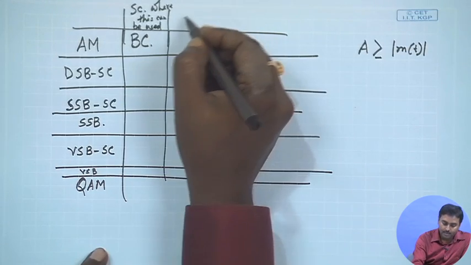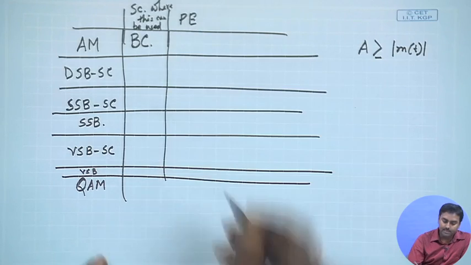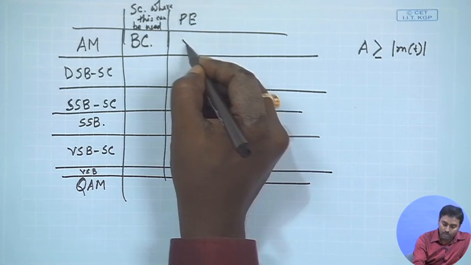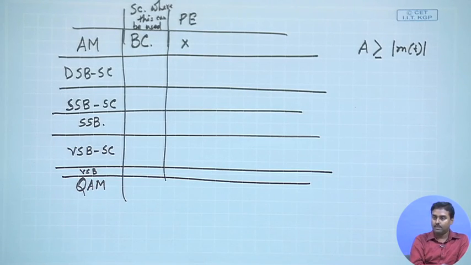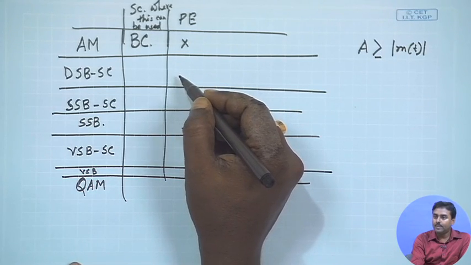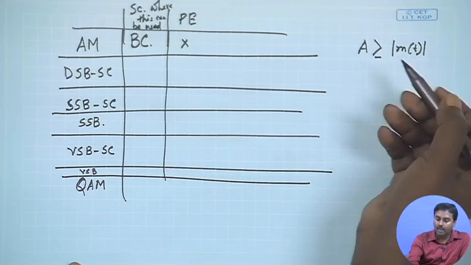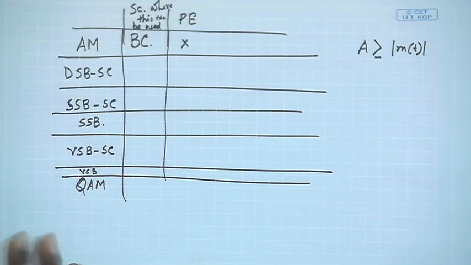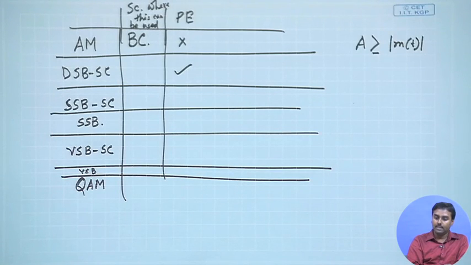So, next if I talk about power efficiency, AM is probably not that power efficient. Of course, the corresponding DSB-SC will be much more power efficient, because I do not have to add that carrier, as we have already demonstrated with the modulation index and the power efficiency. So, this will be power efficient.